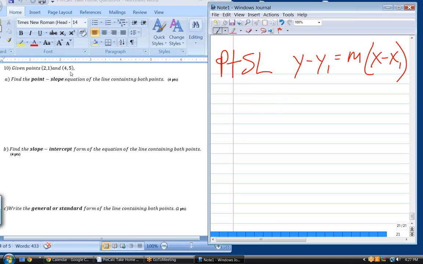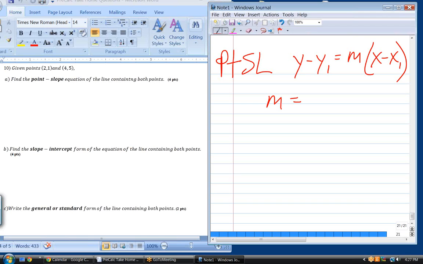Right. So they've given us 2 points, so we can pick either one of those points, but the first thing we need is slope. We need to figure out what m is. How do you figure out slope? So how to find m.